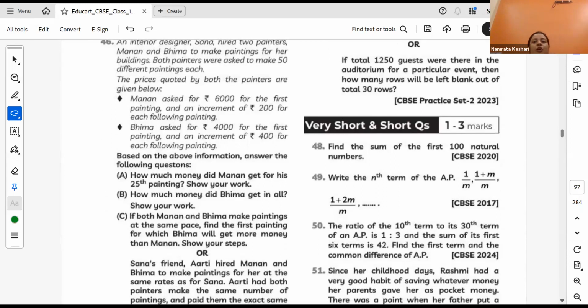Can you tell me the answer for number 48? Straightforward question, very easy question. Please tell me. Ma'am, the 48th one. Yeah, 48.